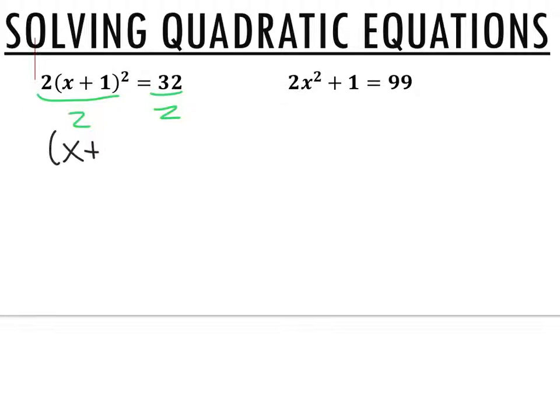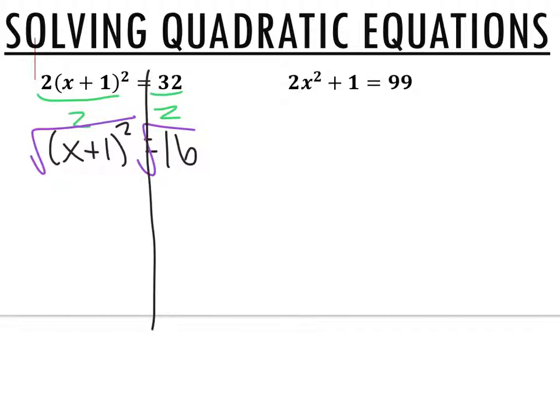So now I have x plus 1, the whole thing is squared. And it's equal to 32 divided by 2 is 16. Now I can square root both sides. So I have x plus 1 by itself, and the square root of 16, plus or minus 4.